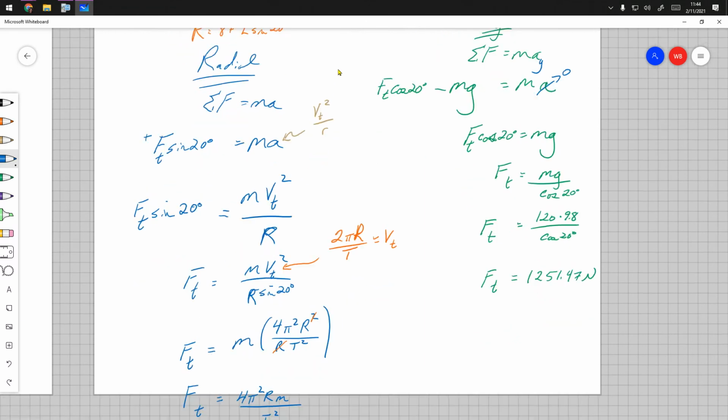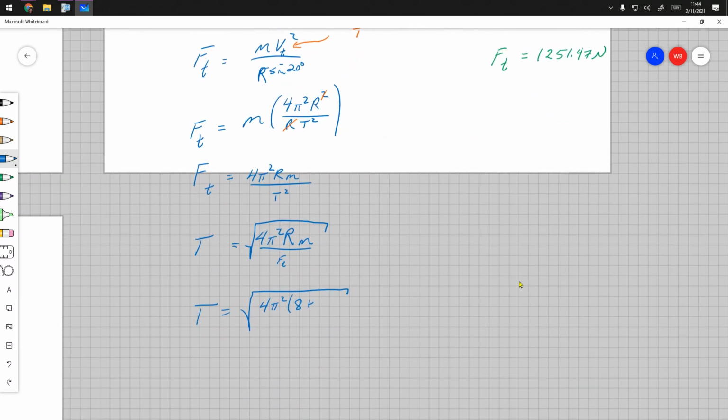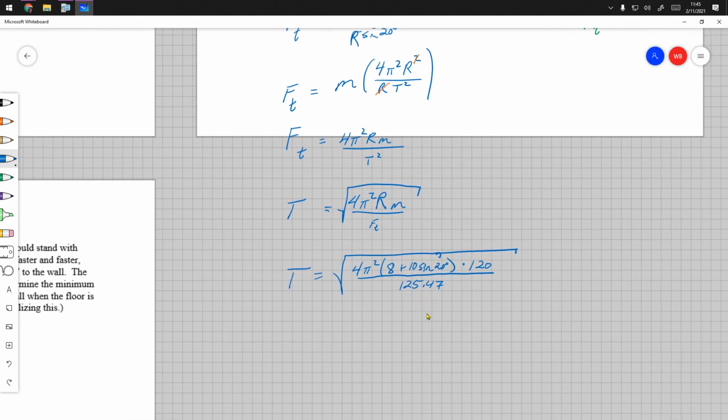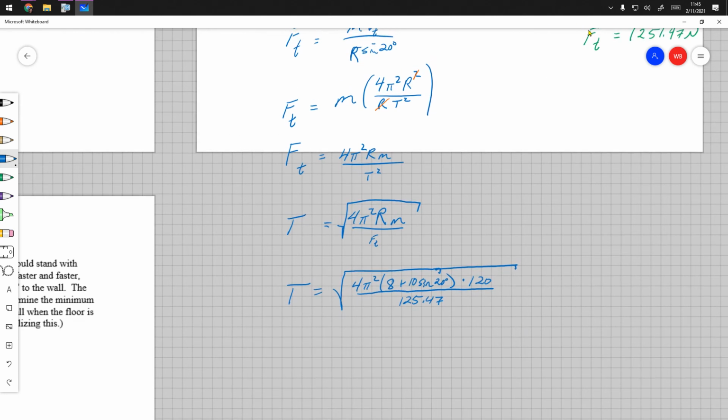And so it's 8 plus 10 sine 20, so I get plus 10 sine of 20 degrees. Then multiplied by my mass, which is 120, divided by my tension force, which is the 1251.47. Again, I'm not going to use a rounded value when I calculate that. No, I will use the full string of values.